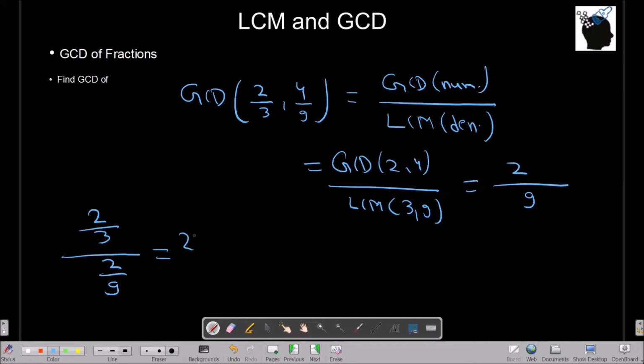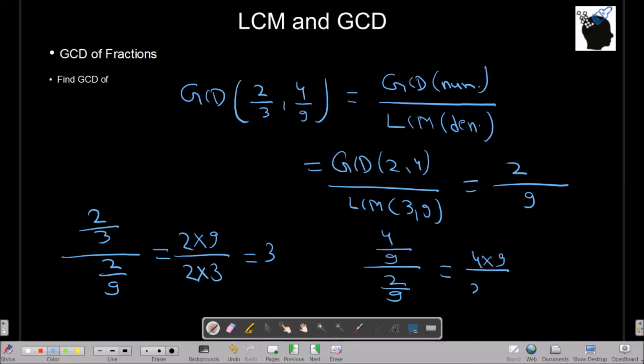So I will get 2 into 9 divided by 2 into 3, which is nothing but 3, which is an integer. Let's do the same thing for 4 by 9. I'll try to divide 4 by 9 by 2 by 9 and I'll get 4 into 9 divided by 2 into 9, which is nothing but 2. So this is a quick way of checking whether your GCD is correct or not.